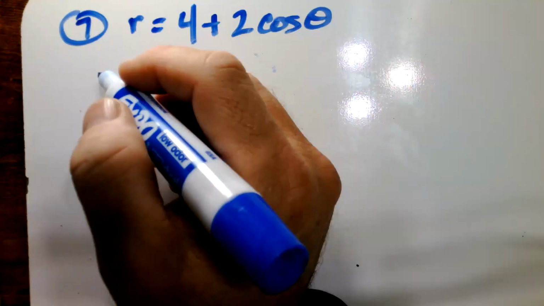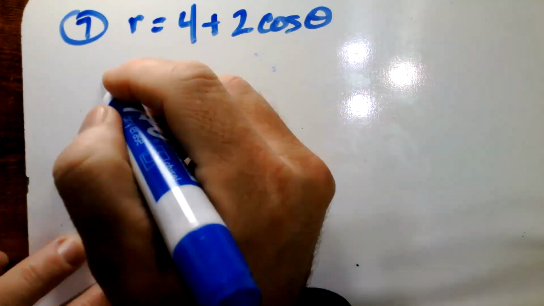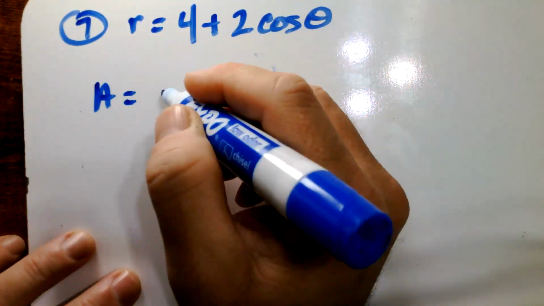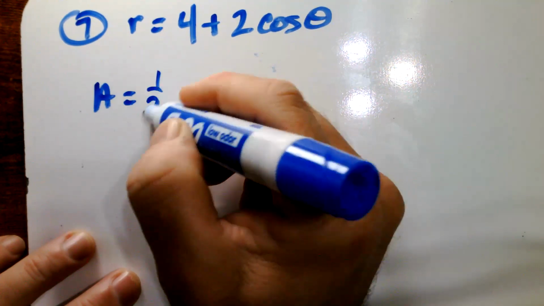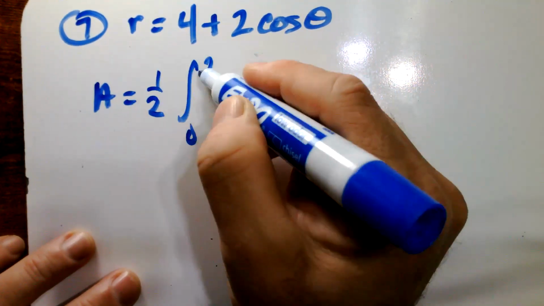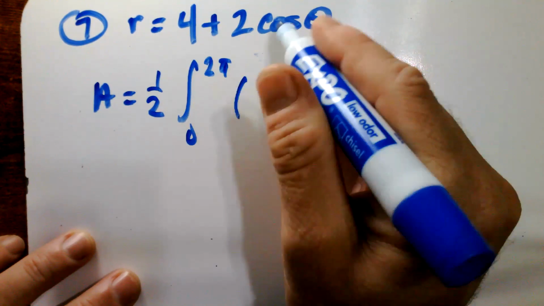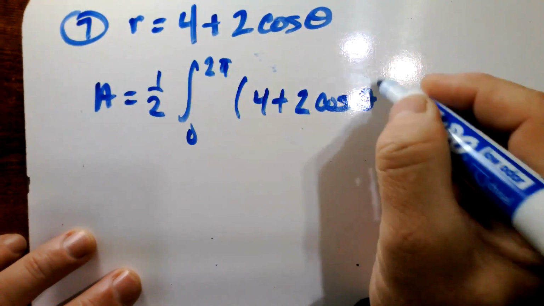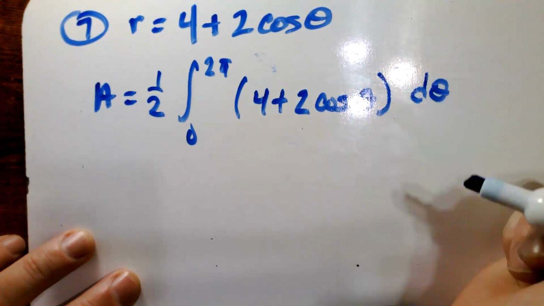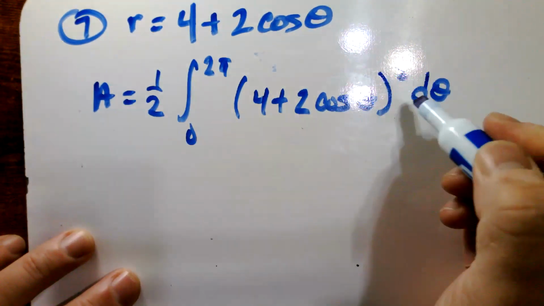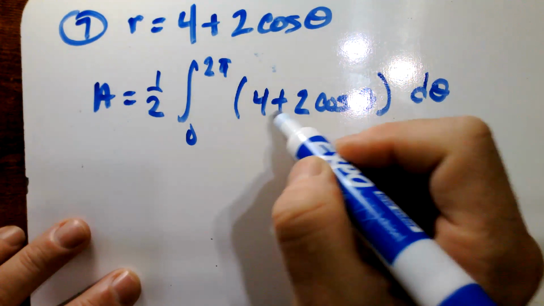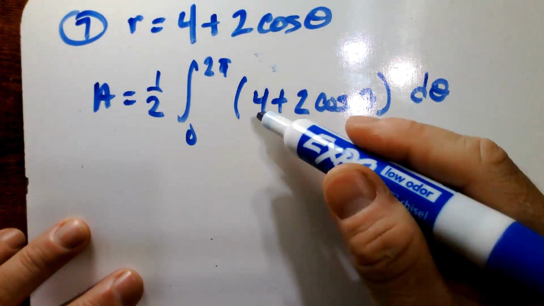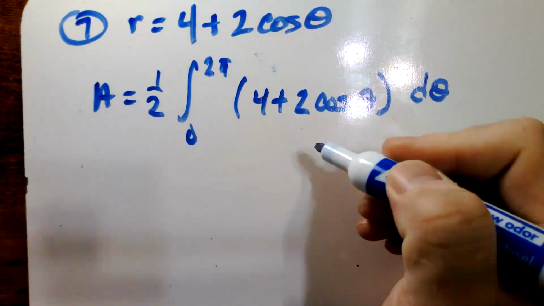For example 7, we want to find the area of this lemon. And so we're going to have 1/2 the integral from 0 to 2 pi of 4 plus 2 cosine theta squared d theta. Now, we can integrate this by foiling this out, and then it'll be pretty straightforward.